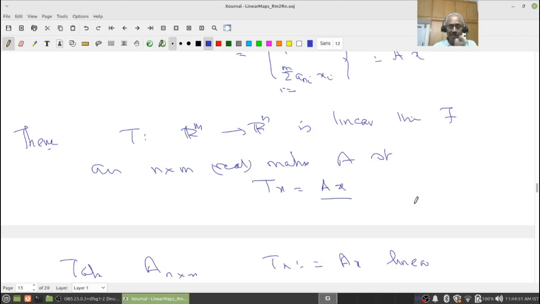If f is linear from R to R, we said f x equals a times x, where a is a real number, but we know what a is. What is a? a is f of 1. Similarly, if f is a linear map from R^m to R, then any linear map should be of the form f x equal to a_1 x_1 + a_2 x_2 + ... + a_m x_m, and I know what the a_i are. a_i is nothing other than f of e_i.